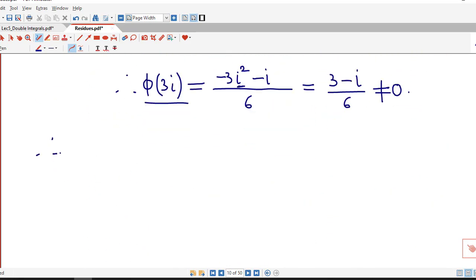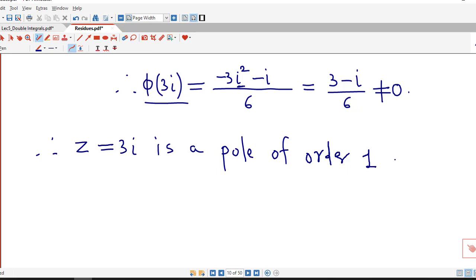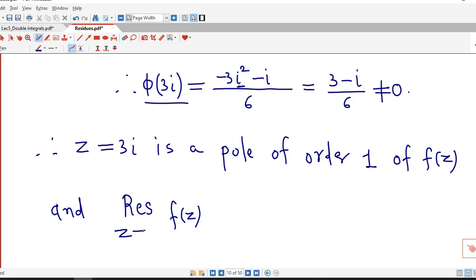The residue of f of z at z equal to 3i is given by the value of function phi at z equal to 3i, which we have obtained here: it is 3 minus i divided by 6.